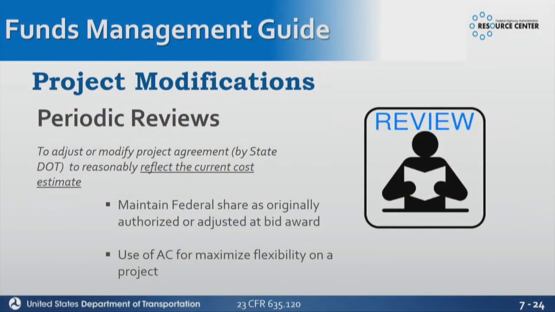So project modifications, we should be doing a regular review of these, not at the end of the project or at the end of a phase. We should be doing continuous monitoring, and it could just be a matter of running those reports to give you an idea, because we can run reports also for cost. We can say, let's see every single project in Oklahoma that is 95% expended.